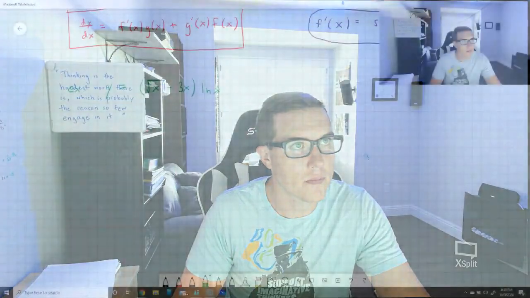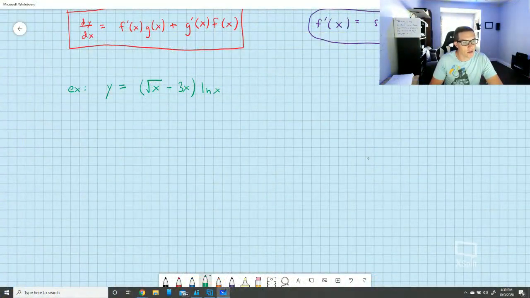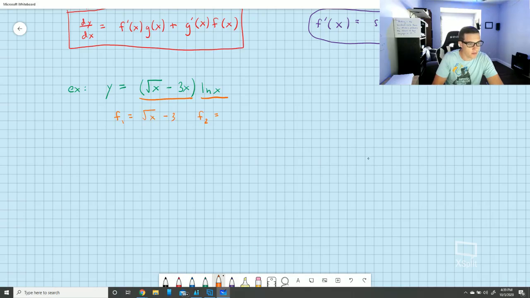This is a product rule. How do you know it's a product rule? Well, you have one function times another function. So I like to identify the two functions. The first function is all enclosed in parentheses here. It's root x minus 3 times x. The second function is natural log x.